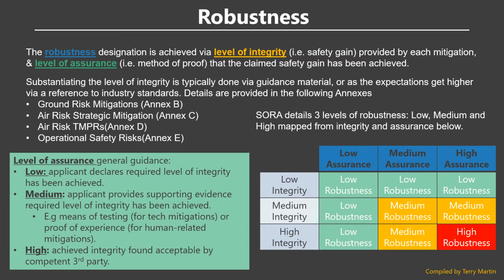Provided there for convenience are directions for which annex you might go to deal with which aspect of mitigation, or TMPRs or OSOs. And on the bottom right hand side there's a little map for those of you who are interested in how the low, medium and high assurance cross-correlate with integrity to get the overall robustness score.